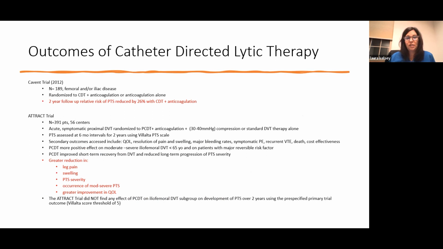And then, of course, we're all familiar with the ATTRACT trial that did have a lot of good information come out. It showed a greater reduction in leg pain and swelling and severity, but they set the target for a Villalta score at a threshold of 5, and so that specific target wasn't met, but these independent risk variables did improve.